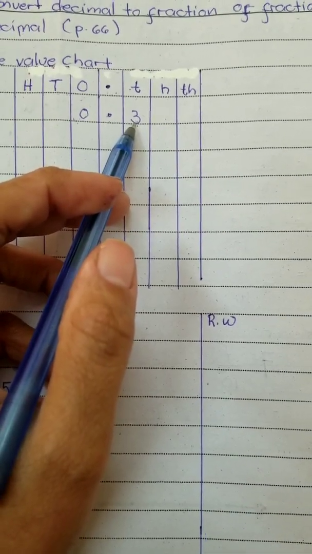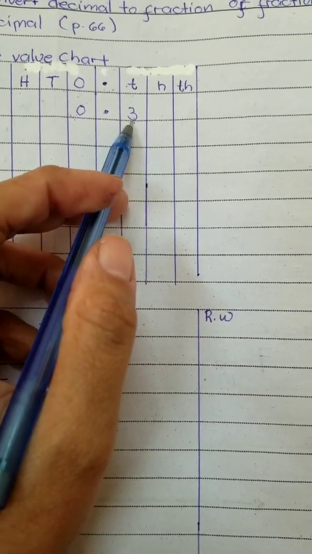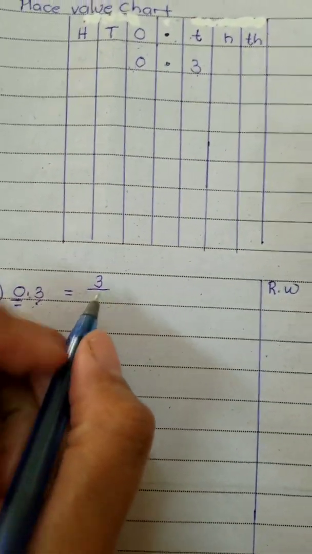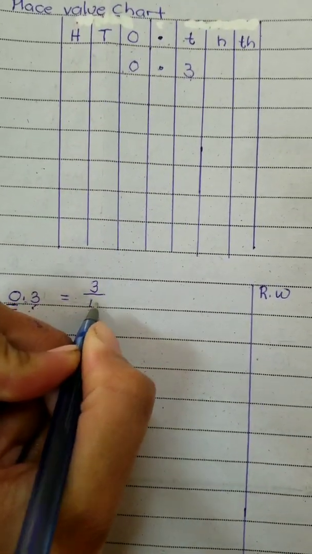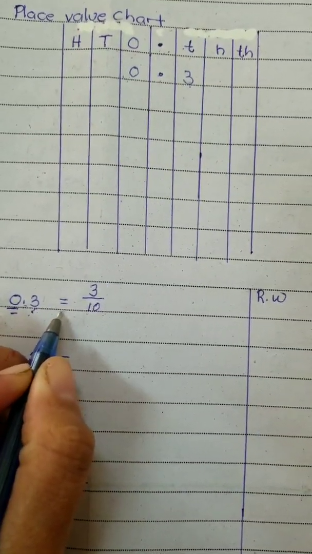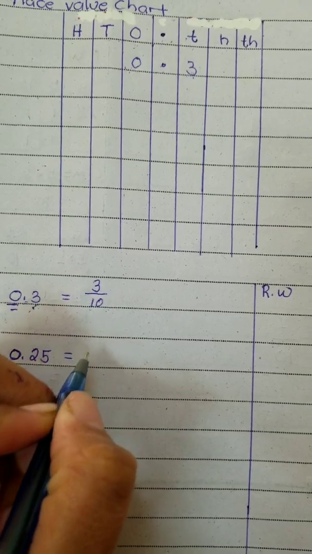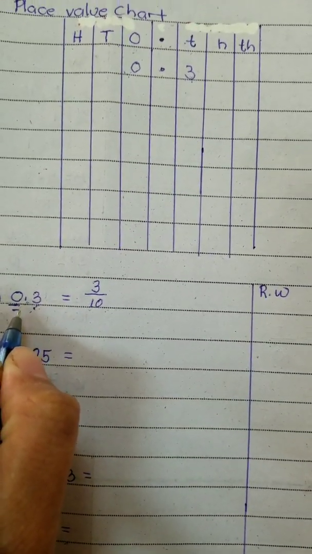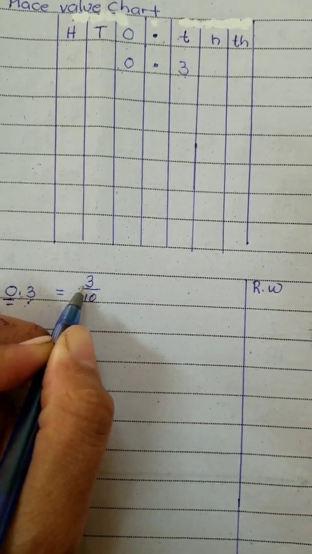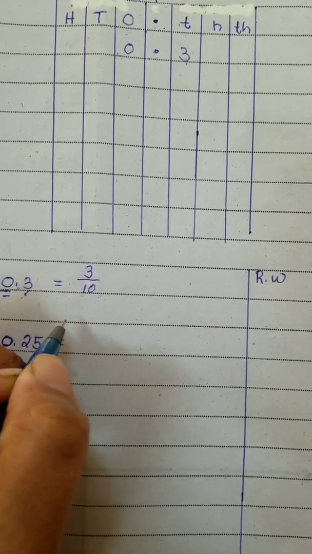Since the last digit is 3, the place value of that is tenths, so that is equivalent to 10. Therefore, 0.3 is equal to 3/10. Again, 0.3 is equal to the fraction 3/10.